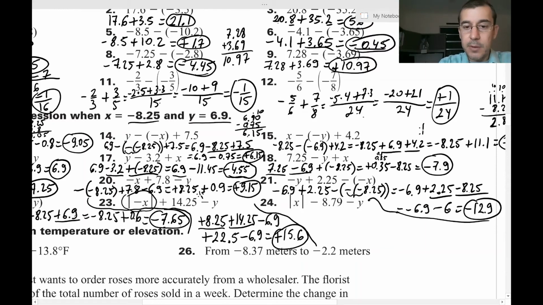And 24, absolute value of x. So x is 8.25. So this whole thing is 8.25. Then minus 8.79. And minus y is 6.9. So let's add up these two numbers. 8.7 is greater than 8.2, so minus, and if we do 0.75 minus 0.25 is 0.5, so this will be 0.54.